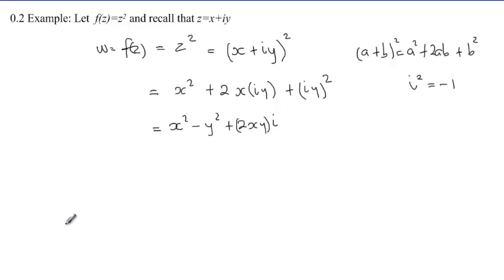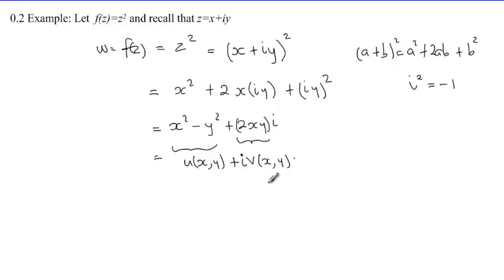So in this case, we can say this is our u, and as you can see, u is an expression of x and y, and this part here will be our v, which is also an expression of x and y. And then we need to label the i to say v is the imaginary part of the function.